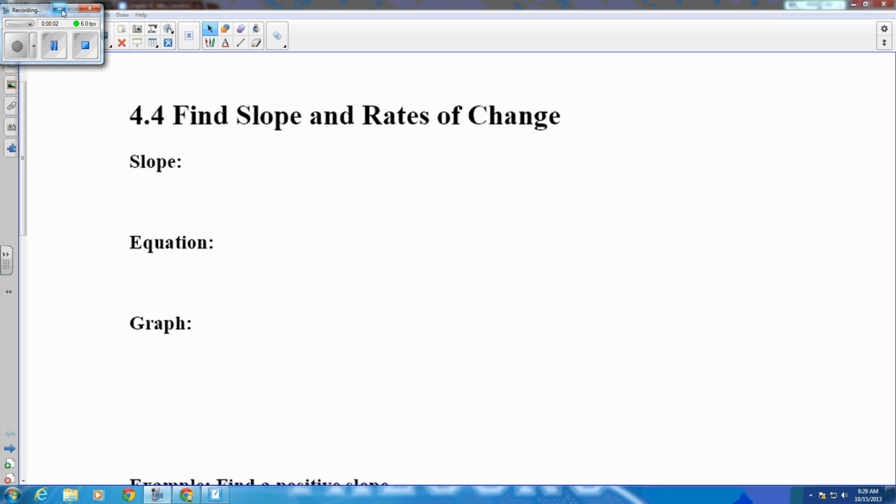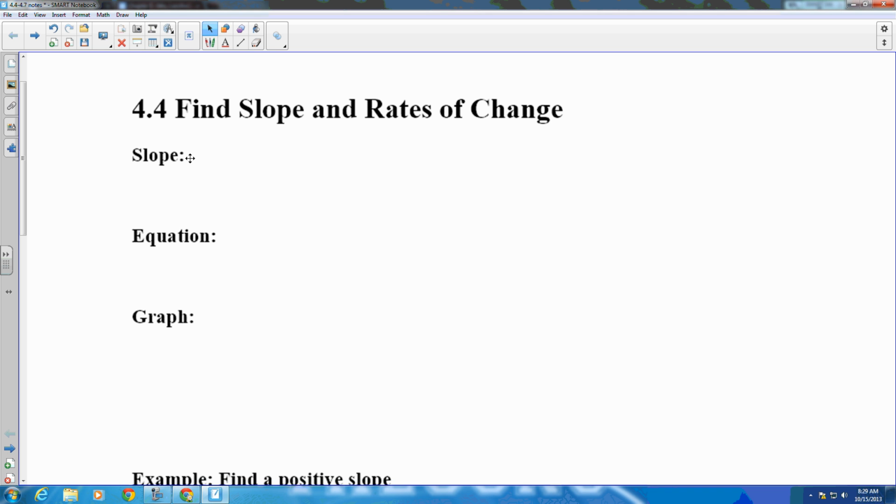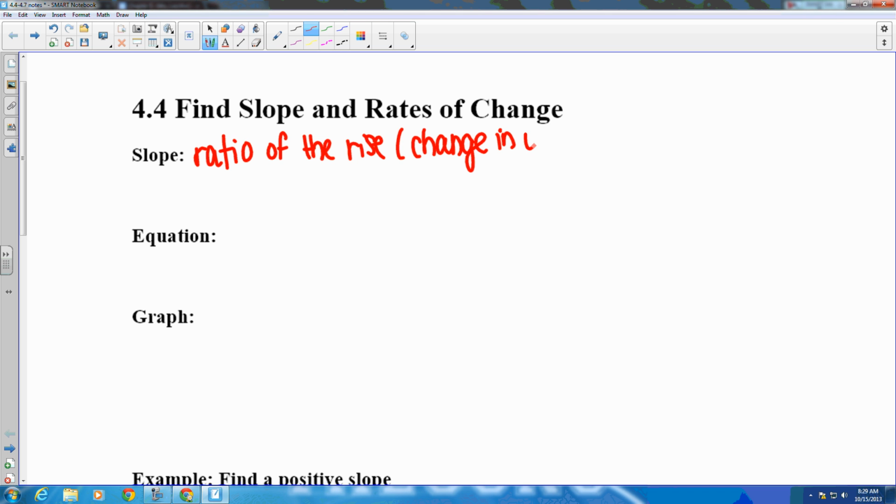Okay, we are doing section 4.4, which is finding slope and rates of change. So what is slope? Slope is the ratio of the rise, which is the change in our y value, to the run, which is the change in our x value.